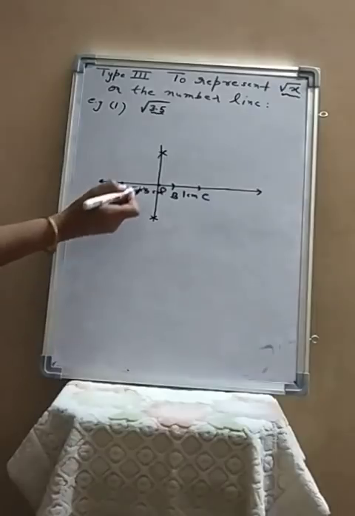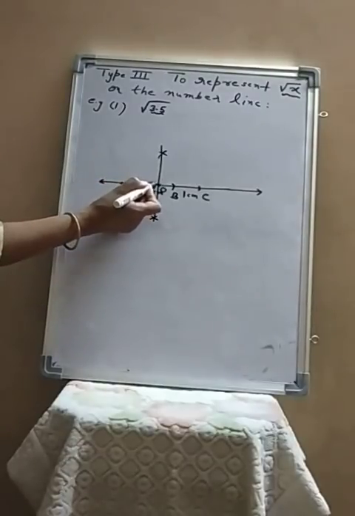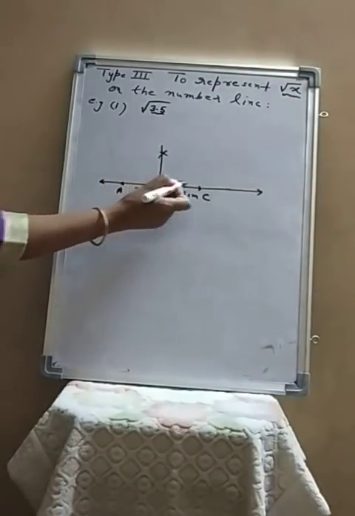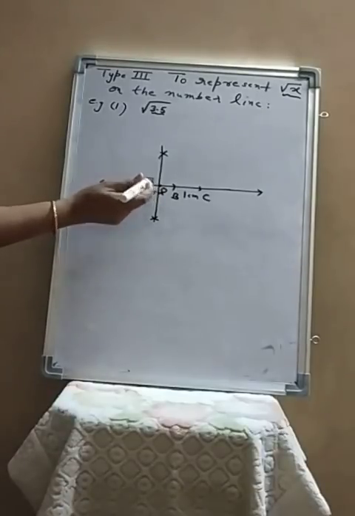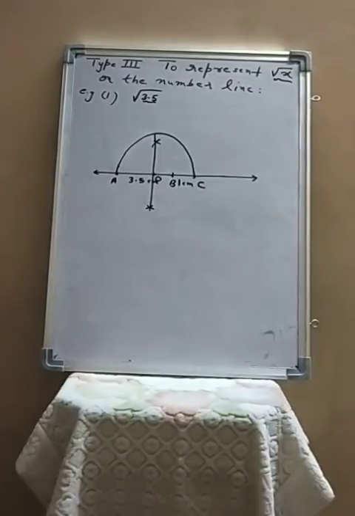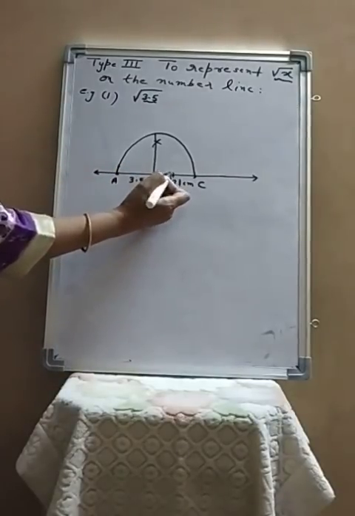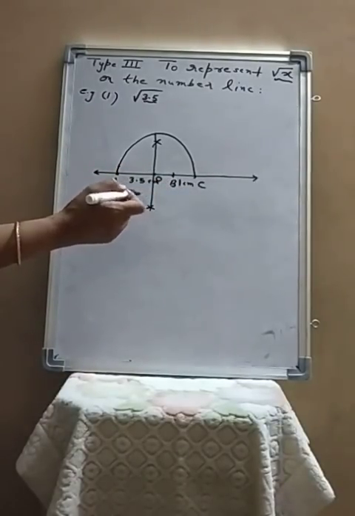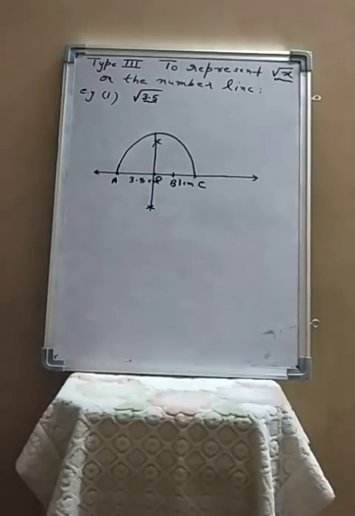Now take center O and radius OA or OC, and draw a semicircle. After drawing the semicircle, at point B, draw a perpendicular with the help of a compass.